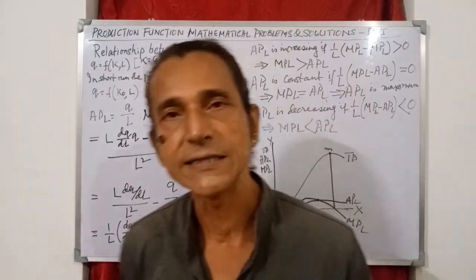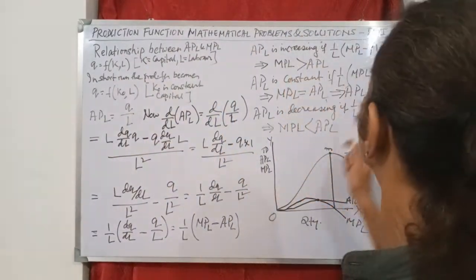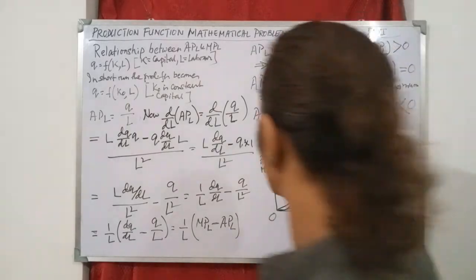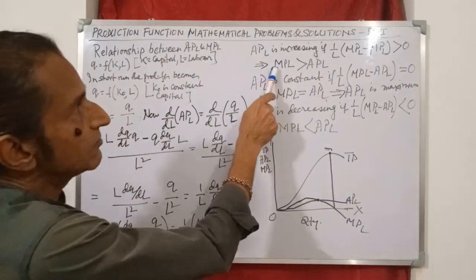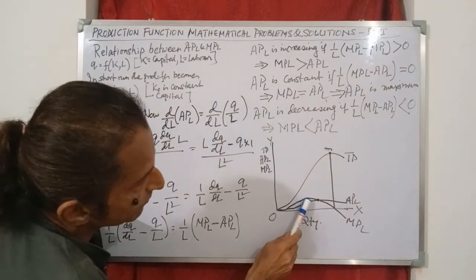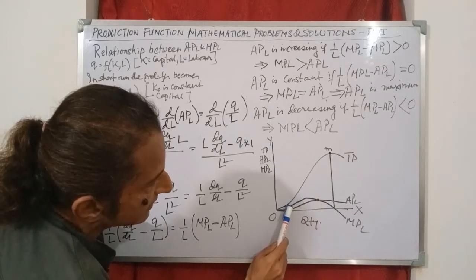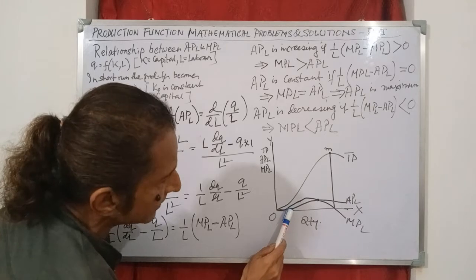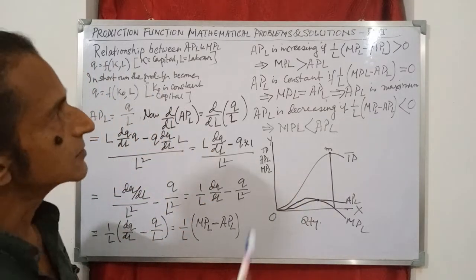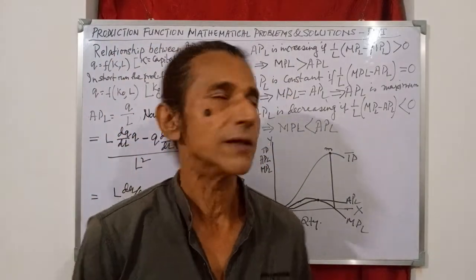If APL increases, then this will be greater than 0. So in that case MPL will be greater than APL. Here you see MPL is greater than APL because the MPL curve lies above the APL curve, and in this section APL is increasing. So APL increases when MPL is greater than APL.